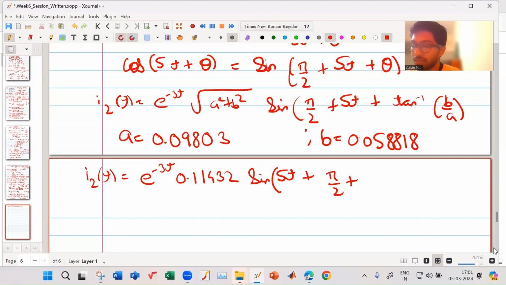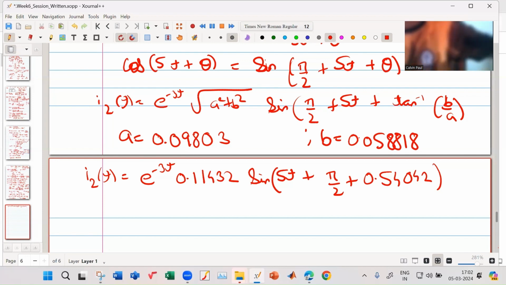Tan inverse of b upon a comes out to be 0.54042. Now pi by 2 is what? Pi by 2 is 3.14, so this pi by 2 is equal to 1.57.